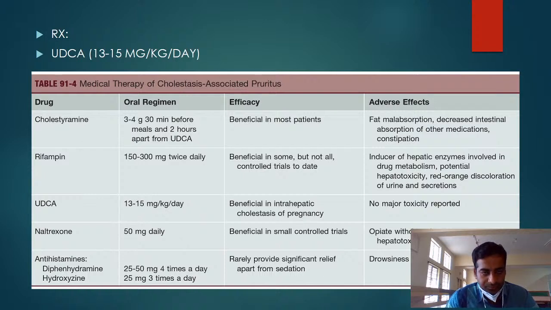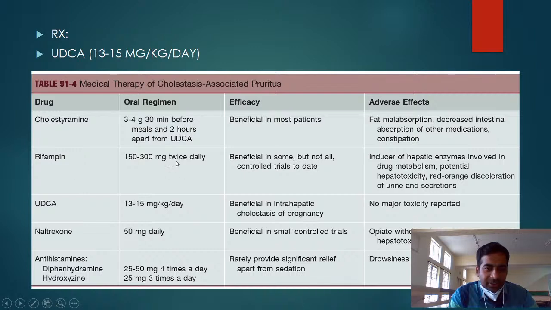Treatment: UDCA is the treatment of choice. You give around 13 to 15 milligrams per kg per day. No major toxicity reported, that's why it is beneficial. Other drugs you can give: cholestyramine 3 to 4 grams, mainly 30 minutes before meals. It is beneficial in most of the patients, but fat malabsorption is a side effect, and constipation can also be.